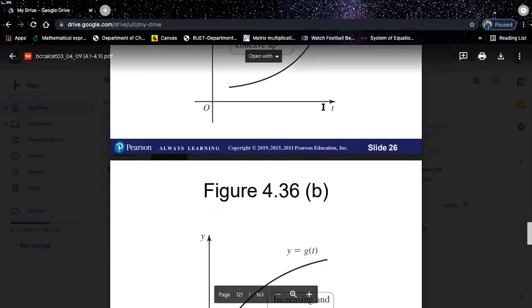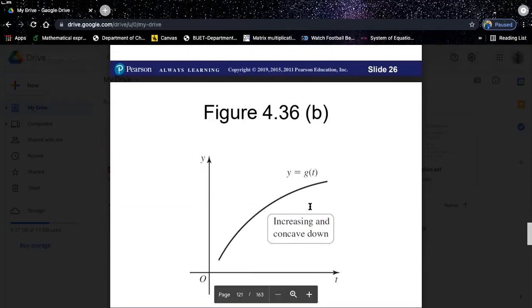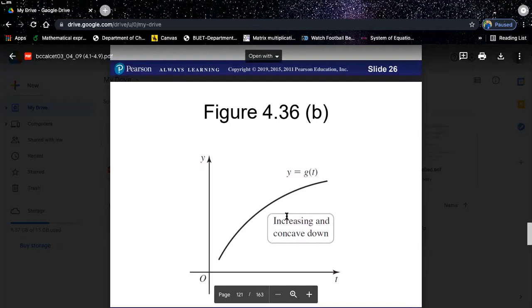As the t value gets increased for both the functions, you can see it's definitely increasing, but it doesn't mean if the function is increasing, it has to be concave up all the time. You can see for this function, it's concave up, but for this function, even though the function is increasing, it's actually concave down.